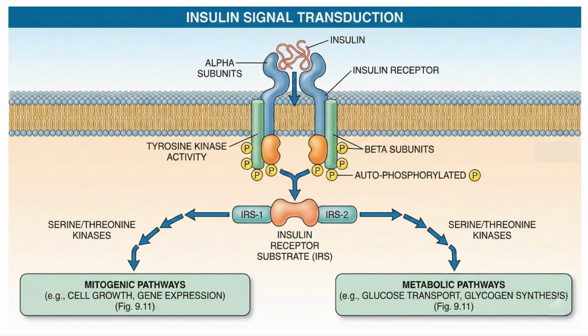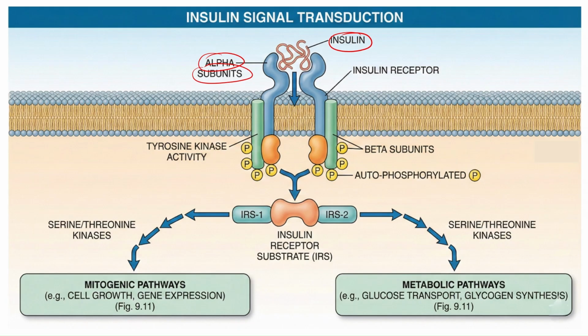Then coming to signal transduction. The moment the insulin binds to its receptor, it initiates a molecular relay that tells the cell exactly how to behave. This signal transduction process occurs in a few distinct phases. First, the process begins when the insulin attaches to the alpha subunits.